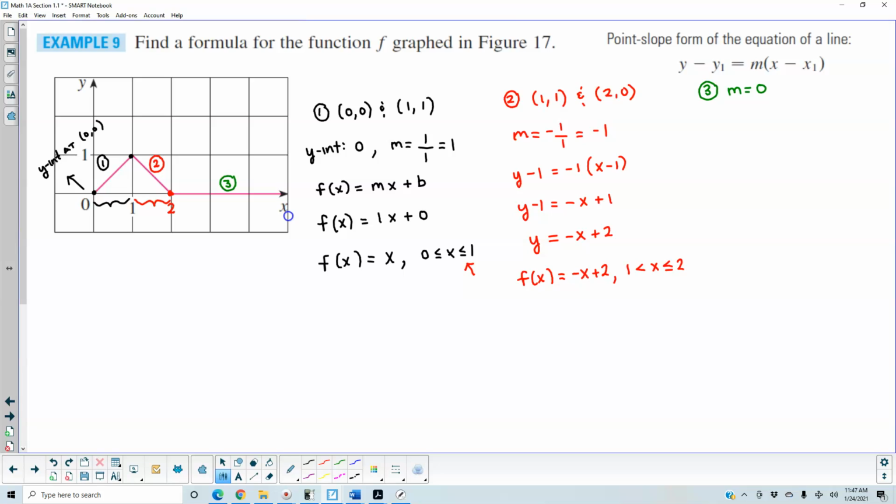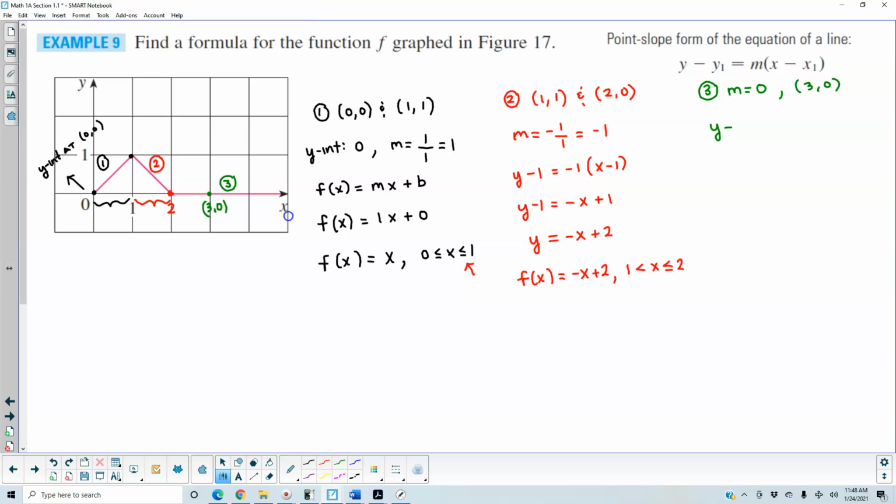And if we have a slope of 0, then if we wanted to solve for this equation using any point on that graph, let's just pick this point here, which is (3, 0) on line number 3. So we use the point (3, 0) and plug it into the form here.